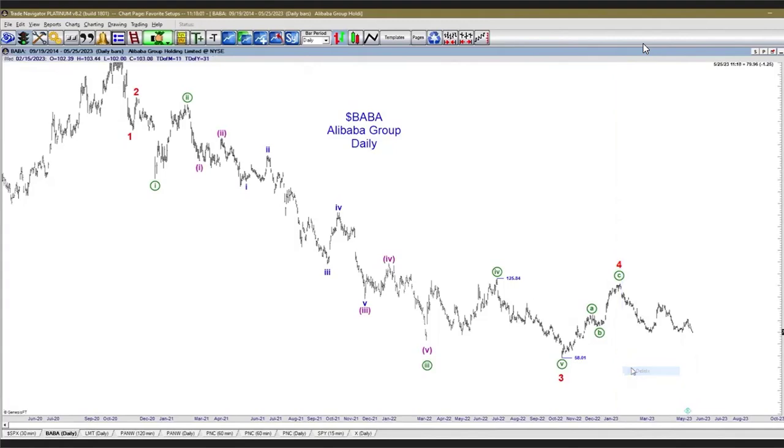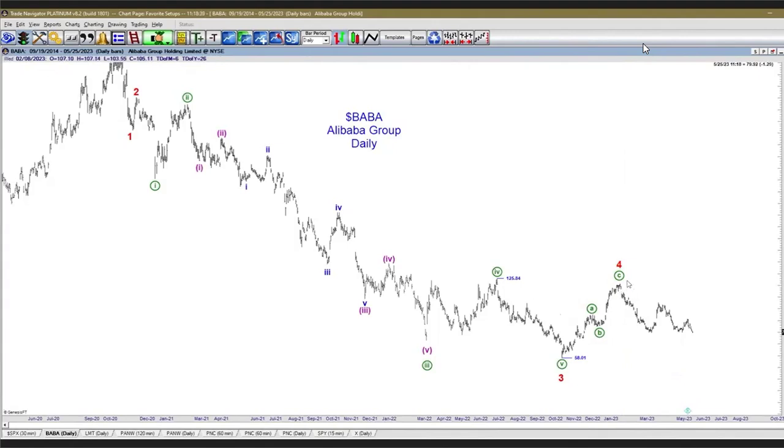So basically, depending on how you personally like to trade, whether it's shorting stocks, buying puts, or selling call spreads, there are different ways of trading it. But the wave count and the technical indicators were strongly suggesting that a fifth wave down was ready to start.